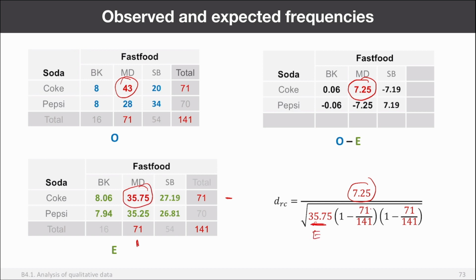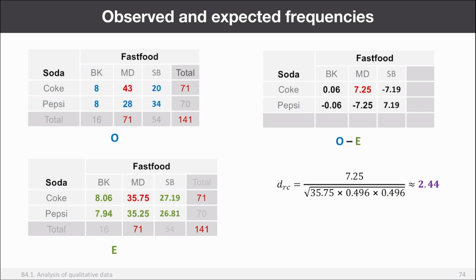So this is 71 and 71, because it's how many observations I have in this row and also how many observations I have in this column. Just by chance, I got the same value. And then you can see this is N and this is N. So if I do this computation, I will get 2.44. And you can see it's already way beyond this minus plus 2. So it's pretty extreme in this particular case.